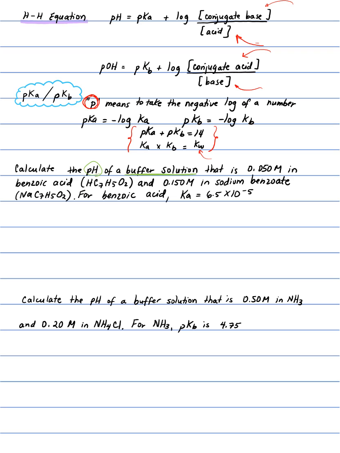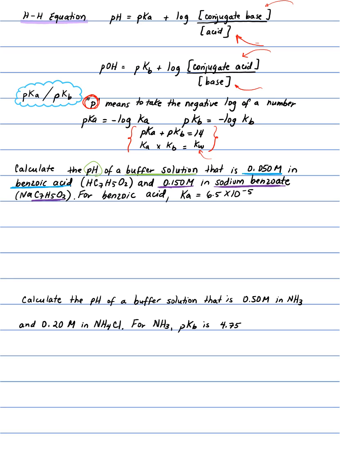Now we have an initial concentration here, first concentration right there, 0.05 molar in benzoic acid. And then we have 0.15 molar in sodium benzoate, which is this one right here.